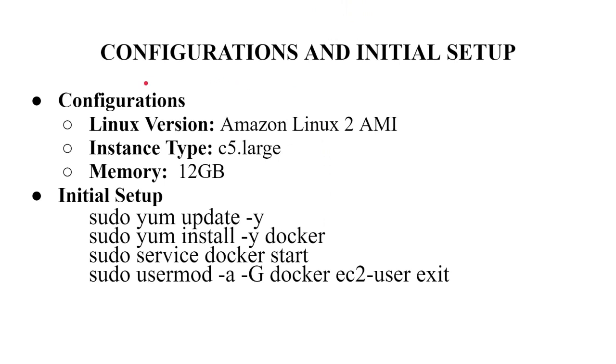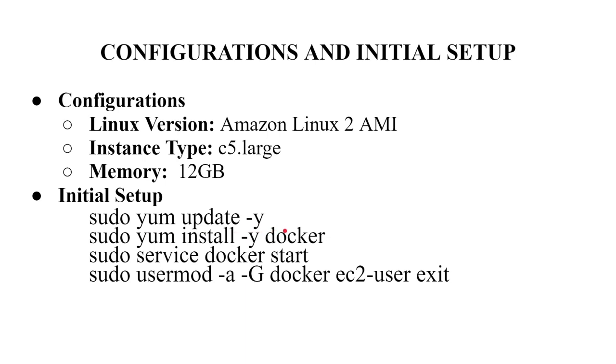For our demonstration, we had the following configuration. We used the Linux version of Amazon Linux 2 AMI. The instance was C5 large, and we had 12 GB of memory. After creating the instance, these were the steps for initial setup.